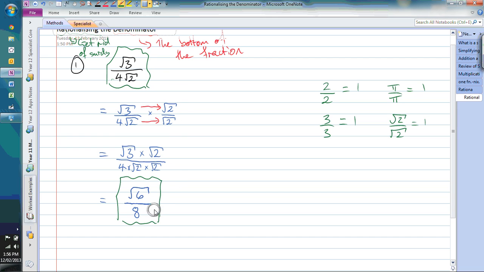You'd get the same decimal output from these two. They're equivalent. However, this one now has a rational denominator. That is, the denominator doesn't have these messy surds in them anymore.